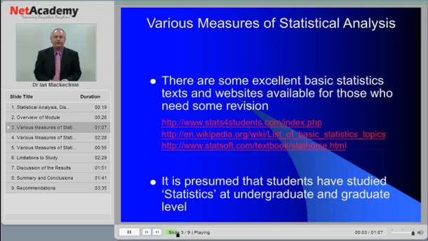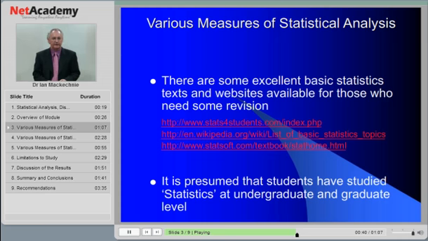Statistical analysis requires us to use statistics, and it is presumed that students that are doing research at a graduate level have already covered the study of statistics both at an undergraduate and graduate level, so we won't be in this module going into details about how to calculate particular statistics. But for those of you who wish to refresh your knowledge of statistics, there are some excellent basic statistics texts and also websites available to those that need to revise.